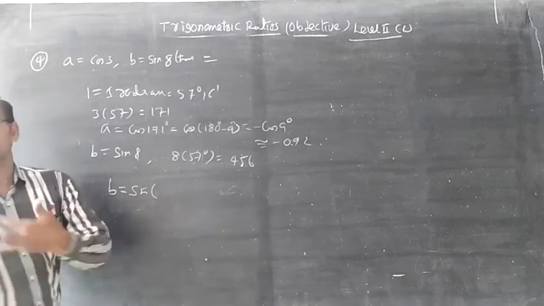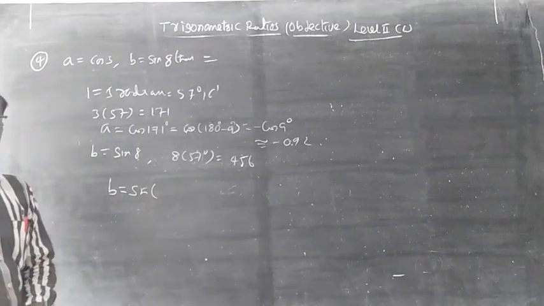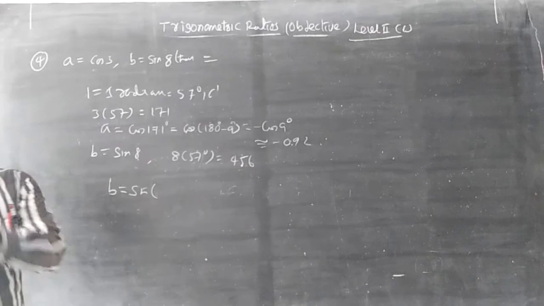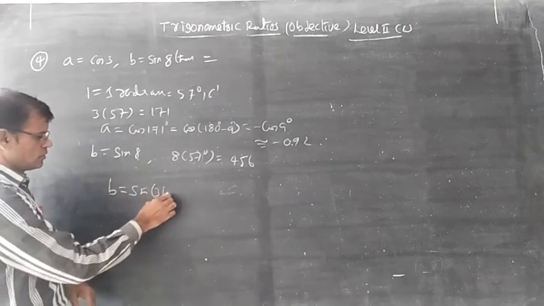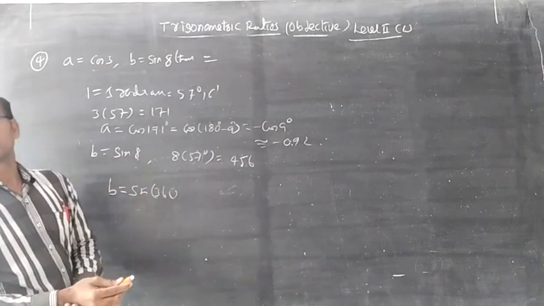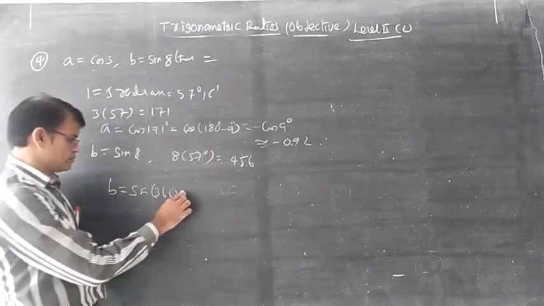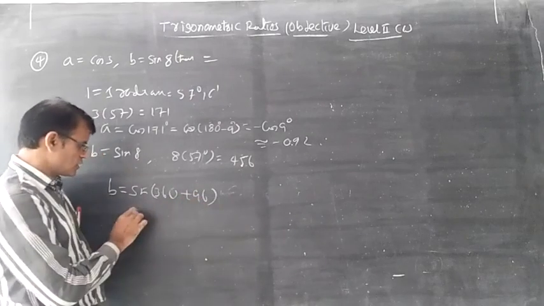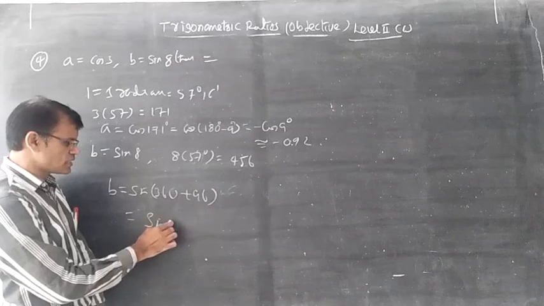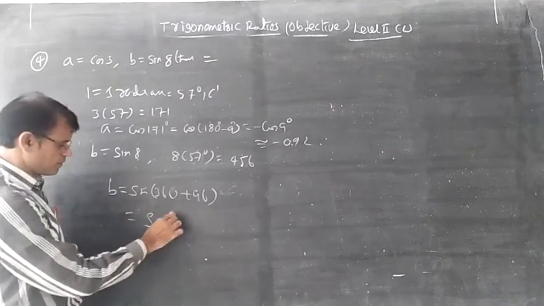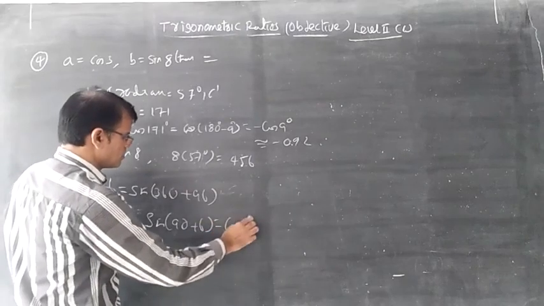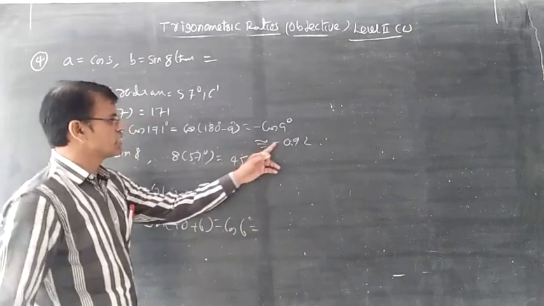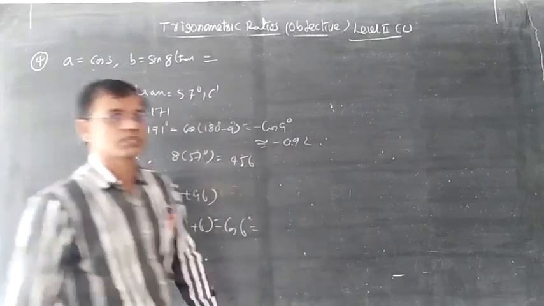Sin 456 can be understood as 360 plus something. 456 minus 360 is 96. So 360 meaning 0, so sin 96 can be understood as sin of 90 plus 6, which becomes cos 6. So cos 6 is positive, this is negative.